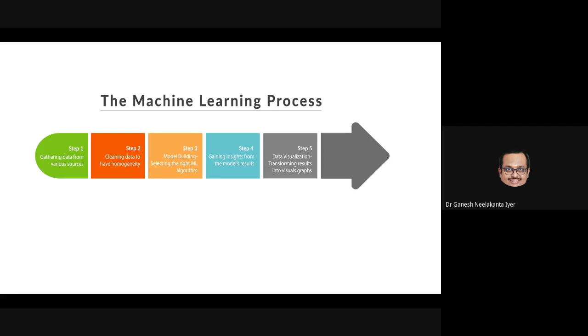Step 4. So let me recap quickly. We initially learned how to gather data, where we will get data from, and then we learned how to clean data, which is the most important step of machine learning, data pre-processing. Data pre-processing will take a lot of time depending upon the amount of data you have. And then choosing the right algorithm may not be very tough.